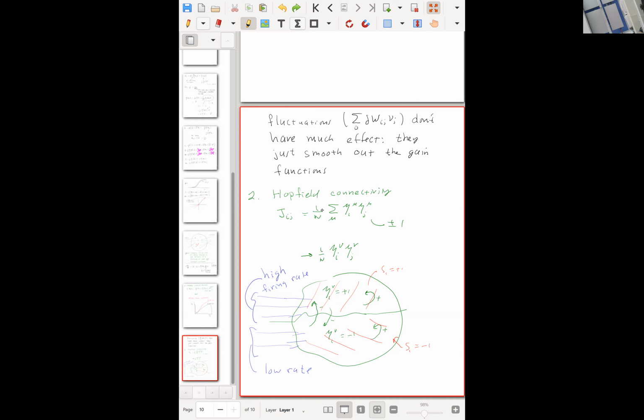So we can think of these Hopfield networks in two ways. One is they're memory networks, and the other is they're picking out preferred subpopulations, and when the input activates those subpopulations, you get a big effect. Okay, and we're going to see actually the second one in a little more detail shortly.